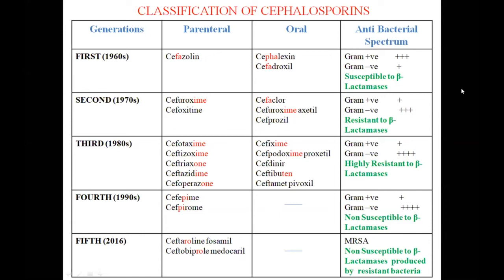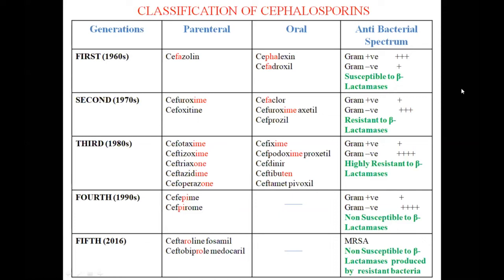The list differs in many of the texts, and this is the updated 2020 list of the cephalosporins which we are using in India. So cephalothin was the first generation cephalosporin, and the first generation cephalosporins were introduced in the 1960s.